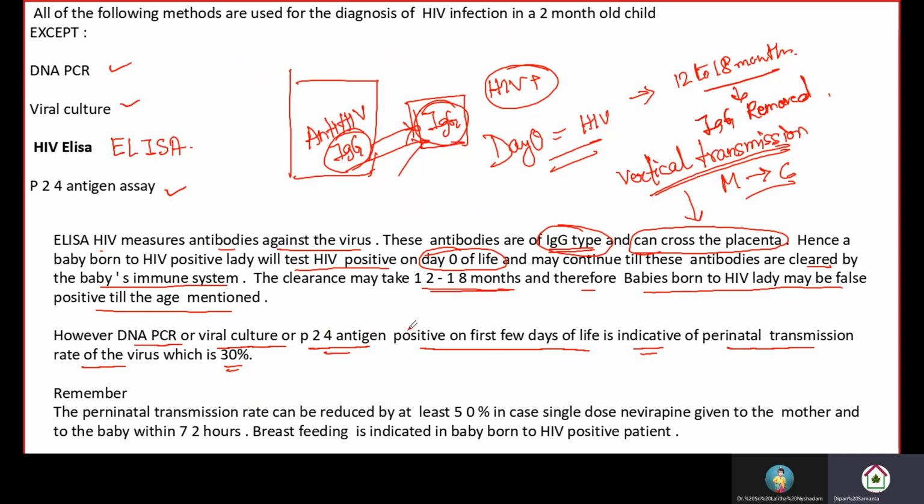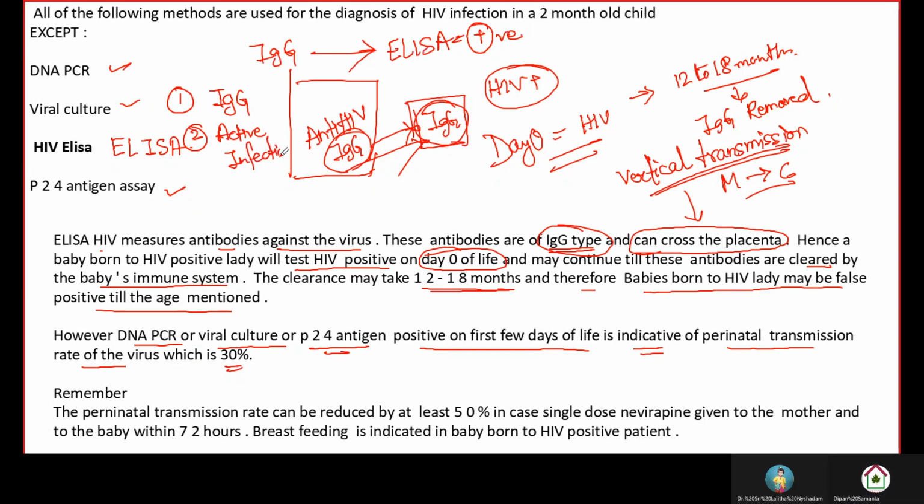Now the complex part. If a baby is born to an HIV mother and ELISA is positive, ELISA can be positive very easily because ELISA measures IgG. When a baby is born to an HIV mother, two things can occur. The baby can be born with only IgG, or the baby can be born with active infection, plus or minus IgG.